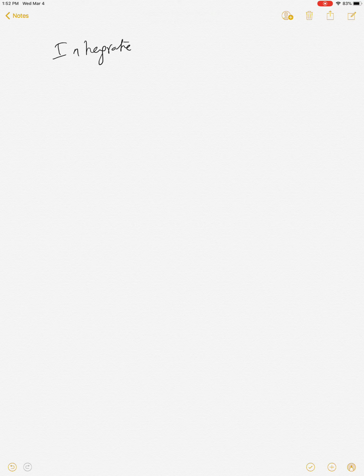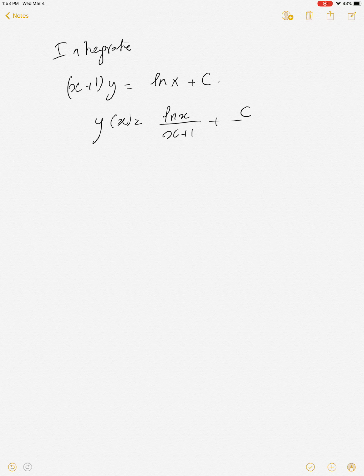And remember that x is close to e, so x is positive. So this gives me (x+1)y = log x + a constant. We obtain that y(x) = (log x)/(x+1) + c/(x+1).